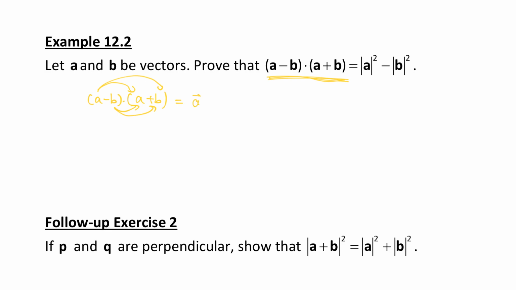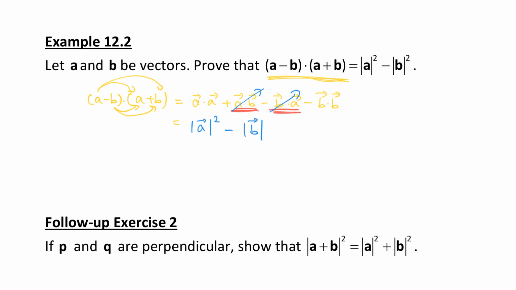So it is equal to A dot A, and then plus A dot B, minus B dot A, and then minus B dot B. It is because A dot B is equal to B dot A, so the subtraction eliminates, so cross out, and then A dot A is equal to magnitude A squared minus magnitude B squared.